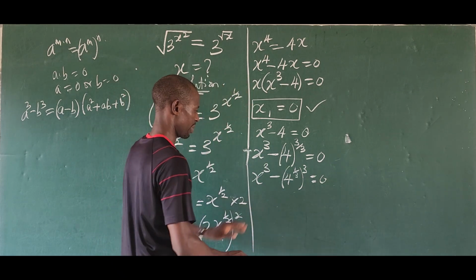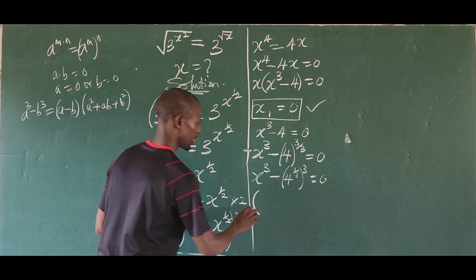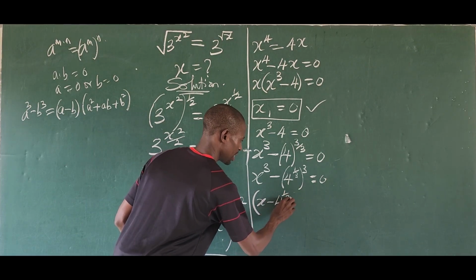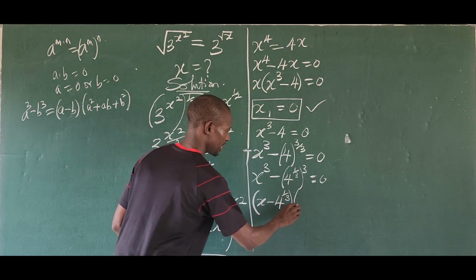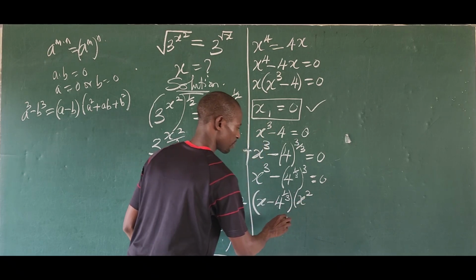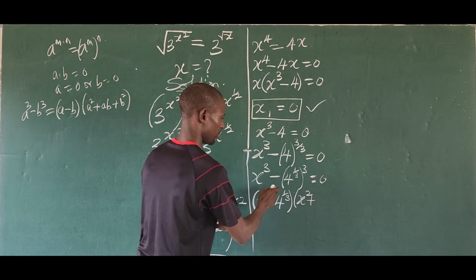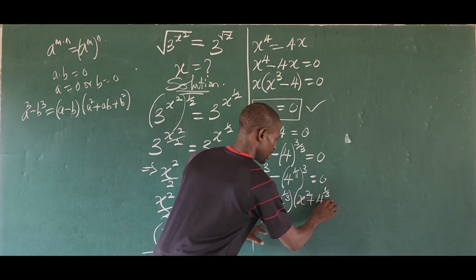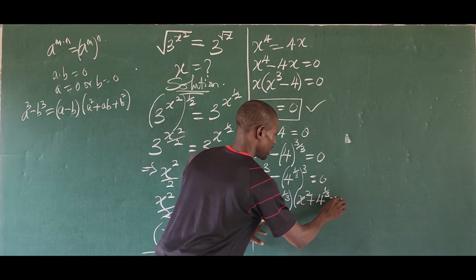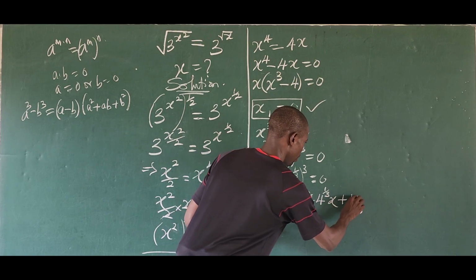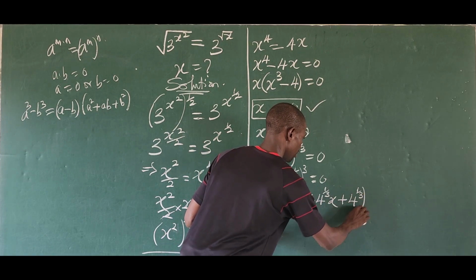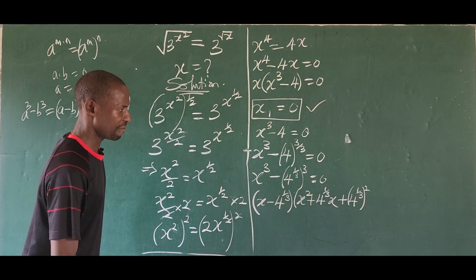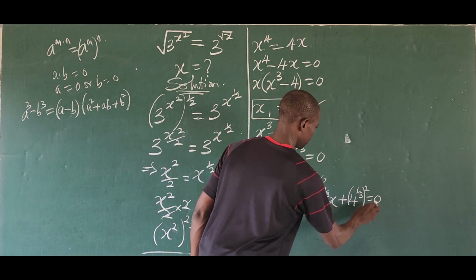So if we rewrite this in that format, we're going to have here bracket open x minus 4 to the power of 1 all over 3 close bracket, then x to the power of 2, then plus 4 to the power of 1 all over 3 times x, then plus 4 to the power of 1 all over 3, all raised to the power of 2. Everything equal to 0 here.